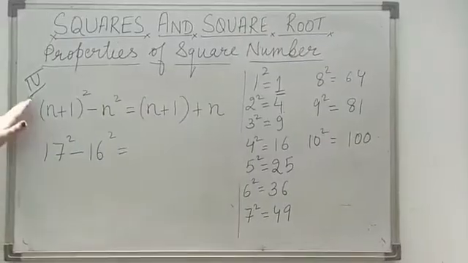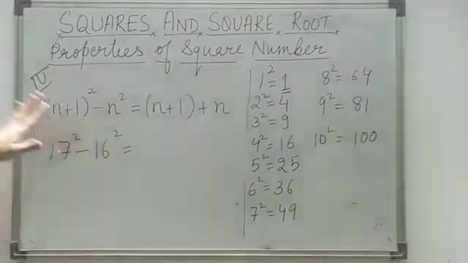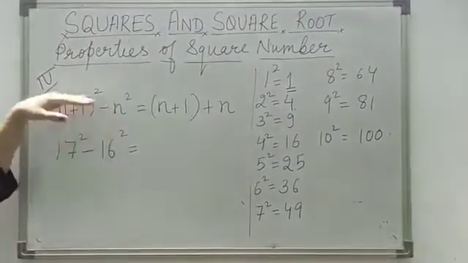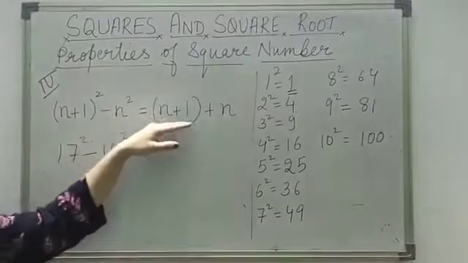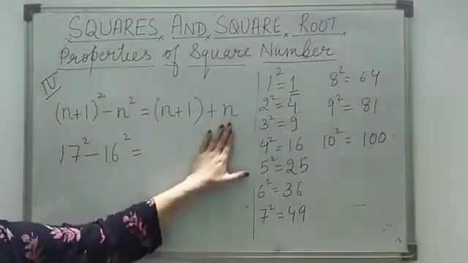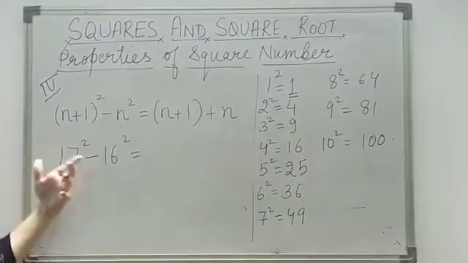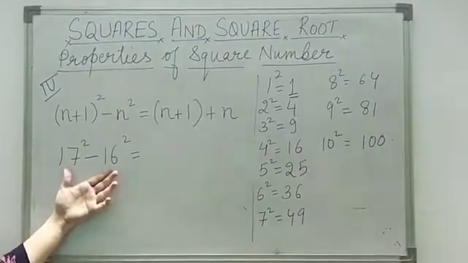Now according to the next property, if we take two consecutive natural numbers and we calculate the difference of the squares of the two consecutive numbers, then that will be equal to the sum of both the numbers. Now I will explain this property with the help of an example. Here I am taking two consecutive numbers, 16 and 17.